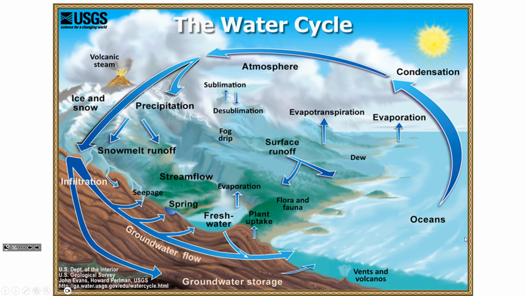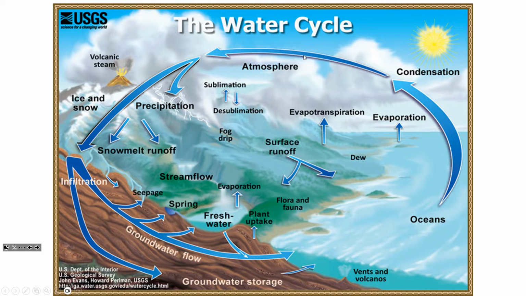Okay, water moves about in the environment driven by the sun. It is the sun's rays that provide the energy to evaporate water from the ocean. And then when moisture has evaporated, it condenses onto dust and salt particles in the atmosphere.